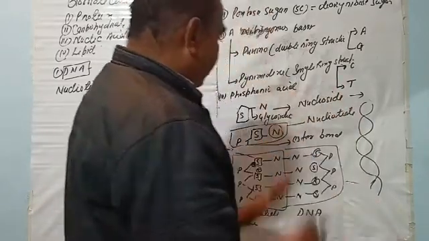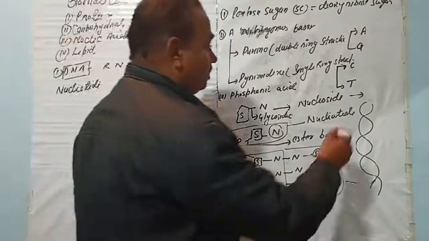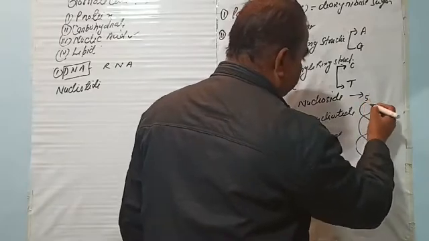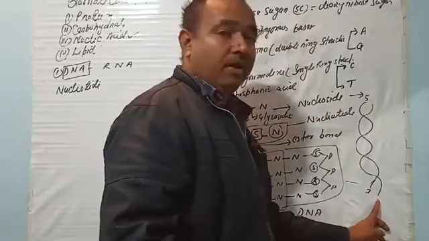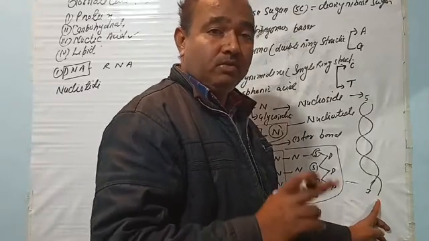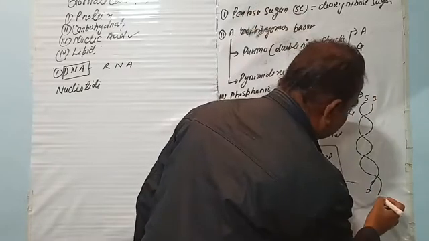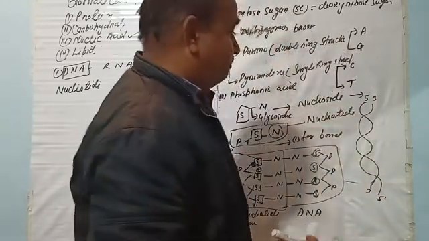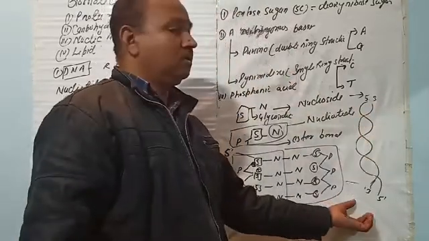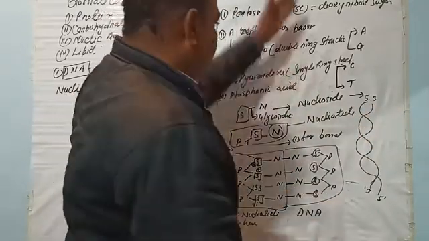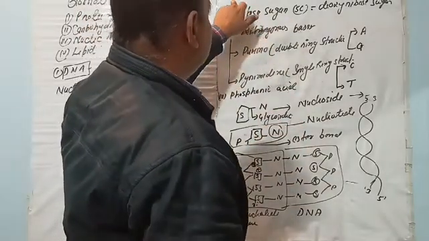We know that polymerization always takes place in this manner, 5 to 3. So this is the 5 and this is the 3, and this is the anti polynucleotide chain, so it is the 3 and that end is the 5. And now this structure is called DNA. So this is the detailed structure of DNA or the nucleic acid.